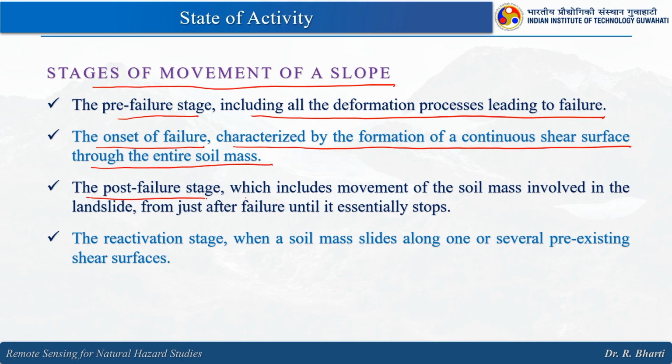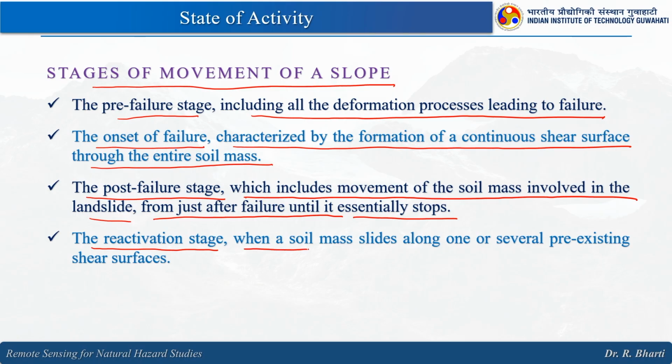The post-failure stage includes movement of the soil mass involved in the landslide from just after failure until it essentially stops. The reactivation stage is when a soil mass slides along one or several pre-existing shear surfaces.